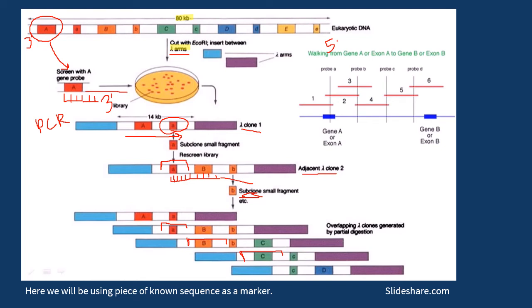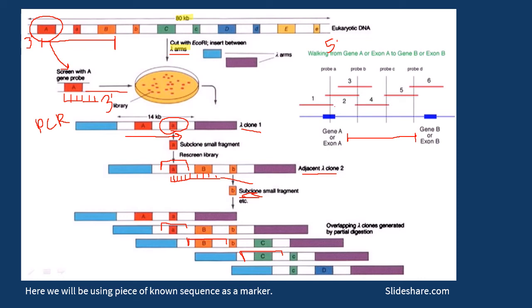So here, for a simplified version, it is explained. This is gene A and gene B, so that is this part. You will see there are some overlaps, correct?